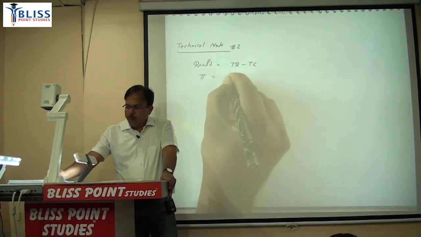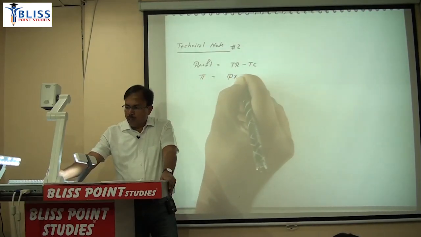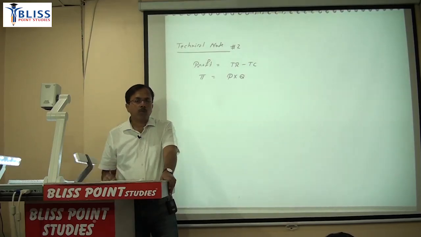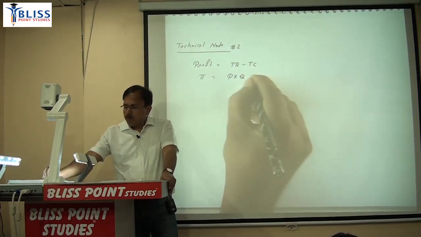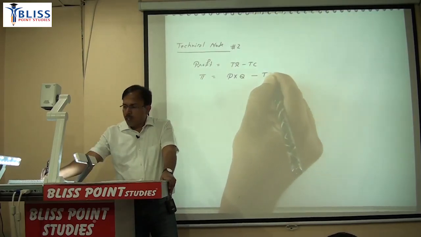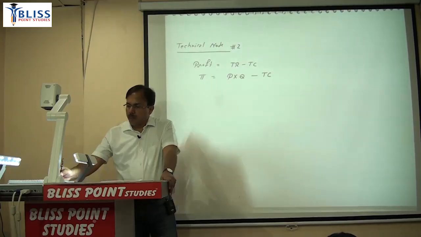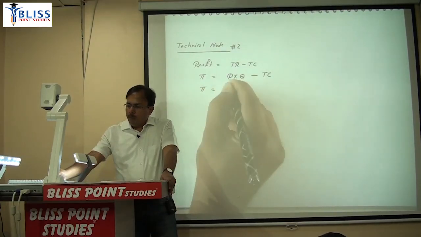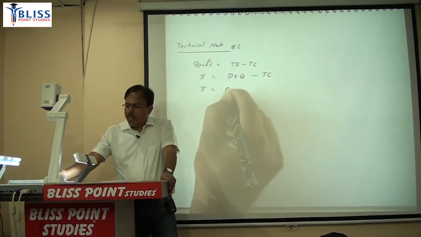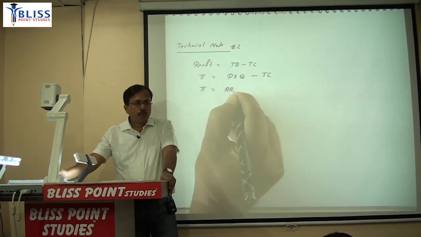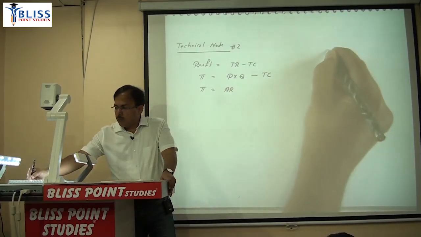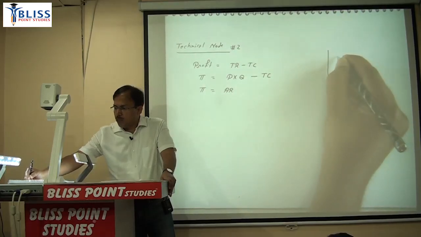To calculate profit, you multiply price with quantity, P into Q, minus total cost. Now, in place of price, you can always write average revenue, because average revenue is always equal to price. If you have any problem, keep noting it on the side.